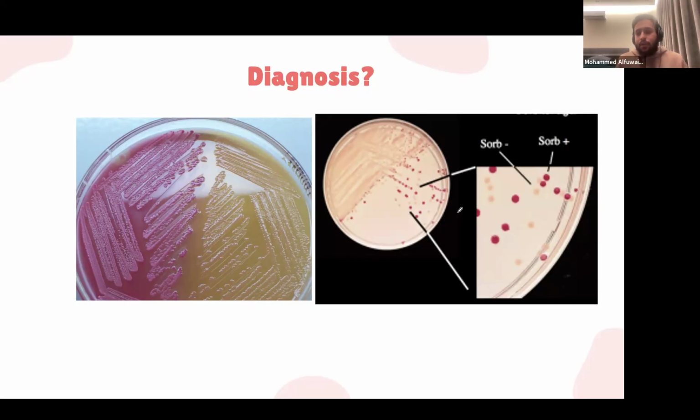If E. coli were to most commonly present in pediatrics, in children, with the same thing, watery diarrhea, what's the strain? EPEC, enteropathogenic E. coli.